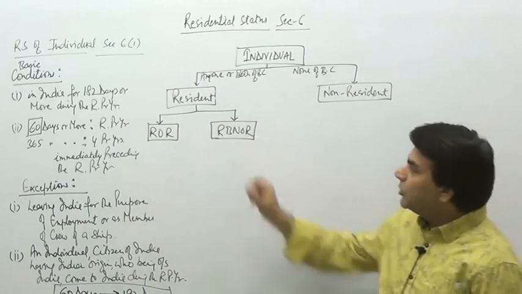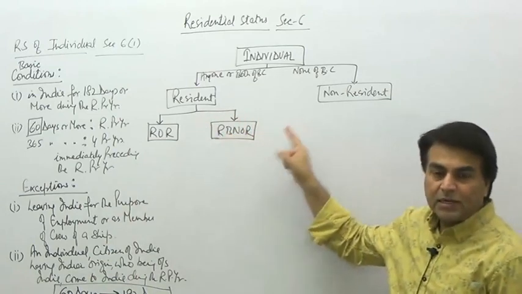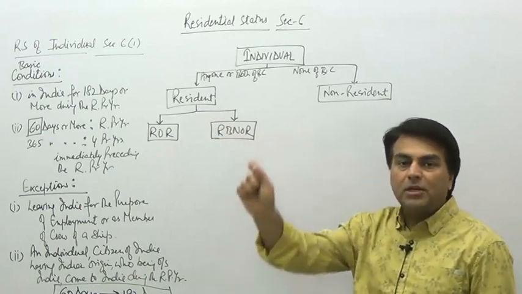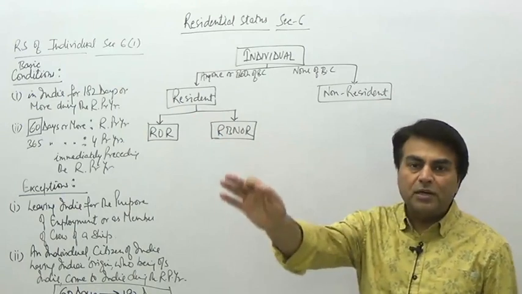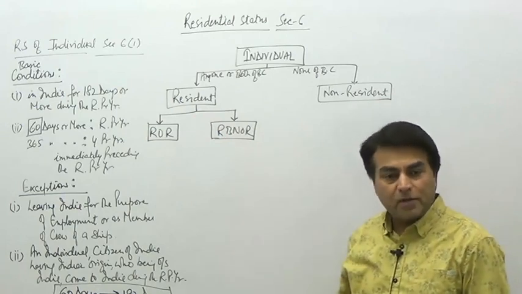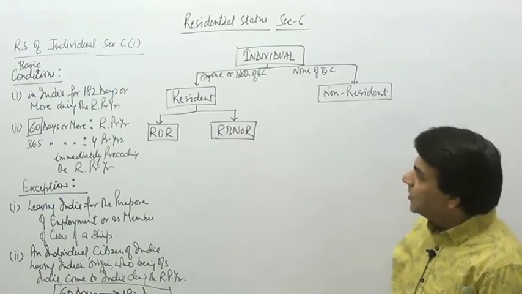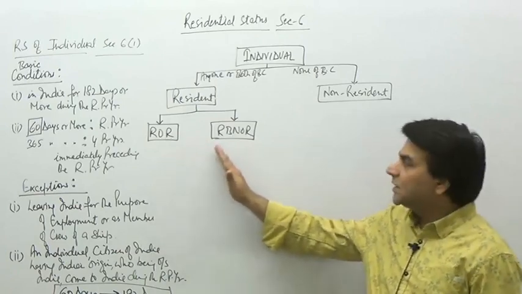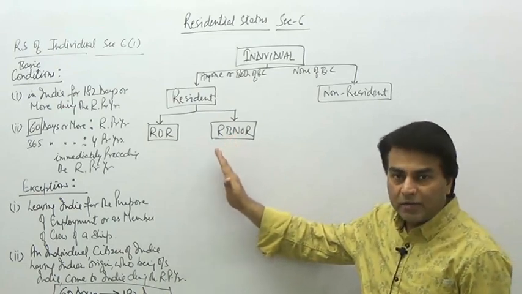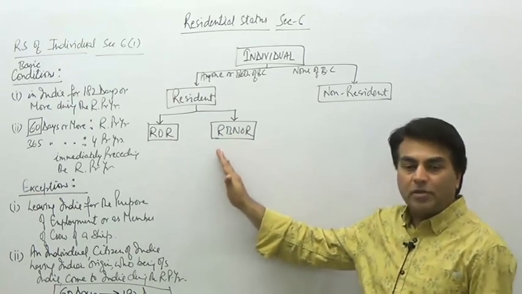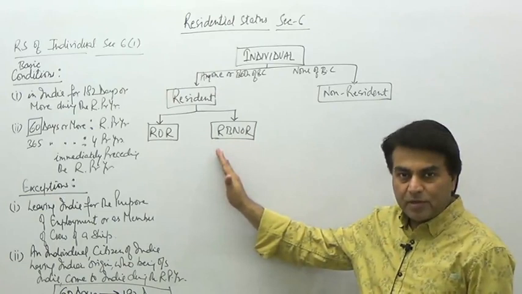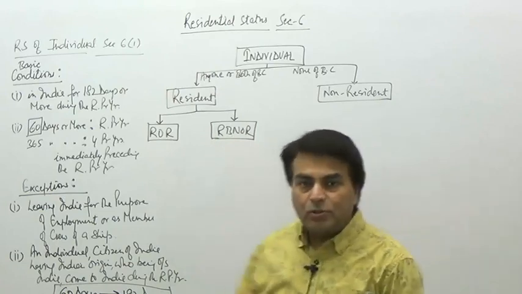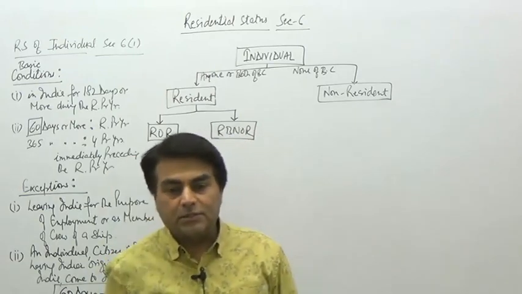Now coming to the second level. You are going to apply the second level only when at the first level he comes to be a resident. Now please see. For checking whether he is an ordinary resident or a resident but not ordinarily resident, we have got 2 additional conditions.